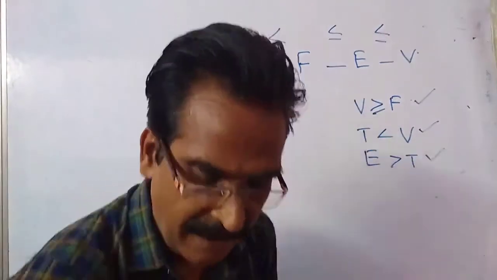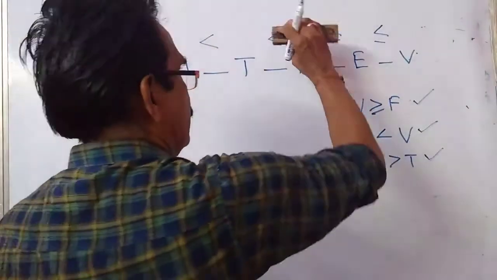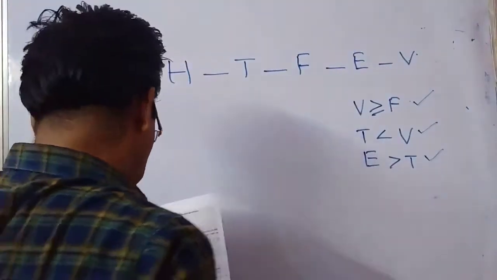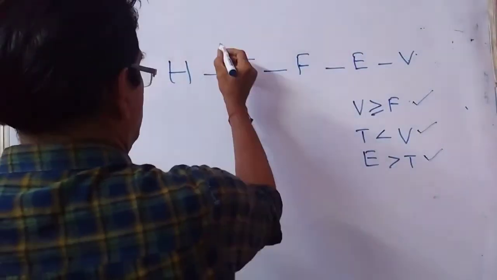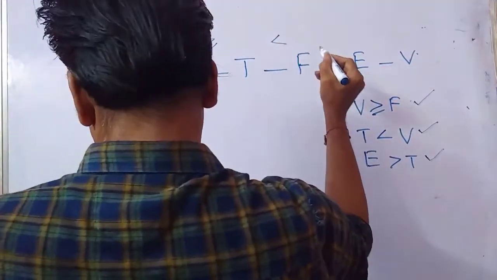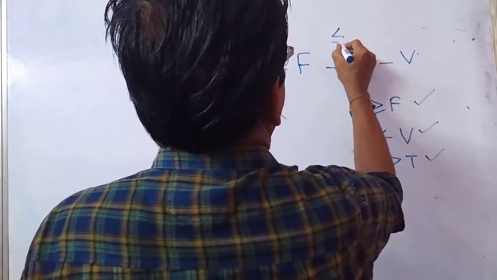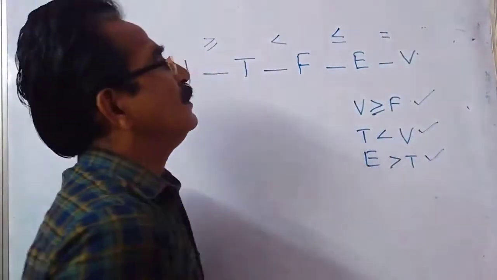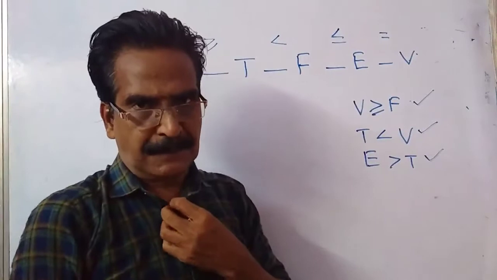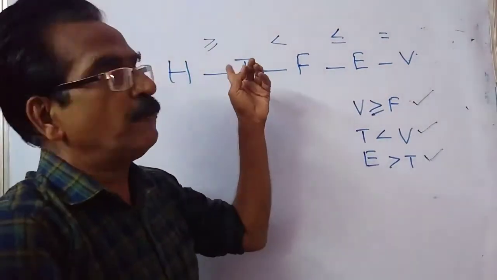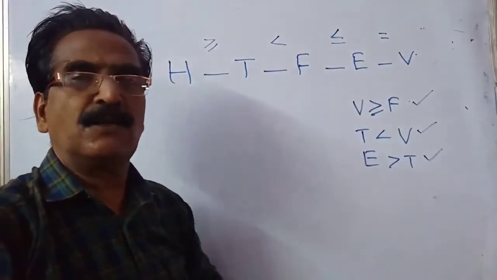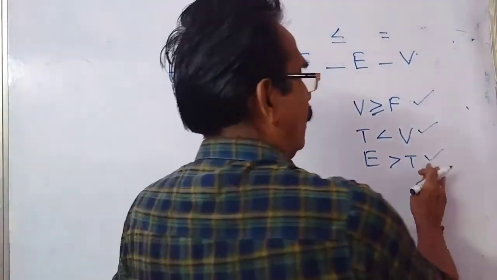Now let us see the symbols given in the third option. The symbols given in the third option are greater than or equal to, less than or equal to, equal to. Now let us see if we place these symbols, whether these three conclusions hold good or not.